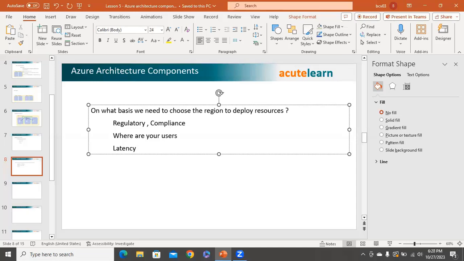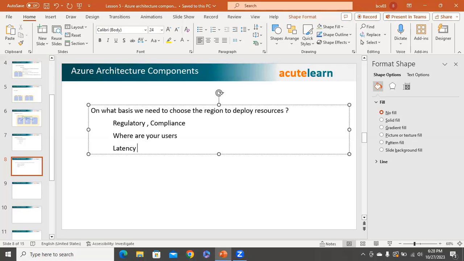Now, which region is the nearest one? Is it the South India region, or Central India, or West India? You need to consider that from the perspective of latency.